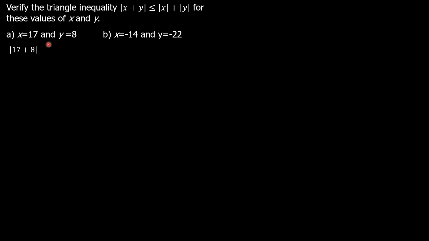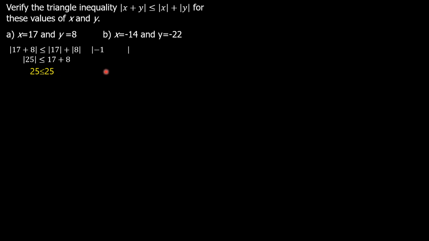So absolute value of 17 plus 8 is less than or equal to absolute value of 17 plus absolute value of 8. So absolute value 25 is 25 and 17 plus 8 is 25. So 25 is equal to 25.